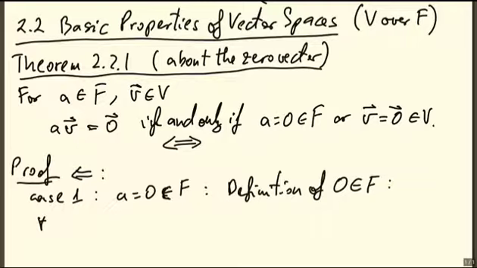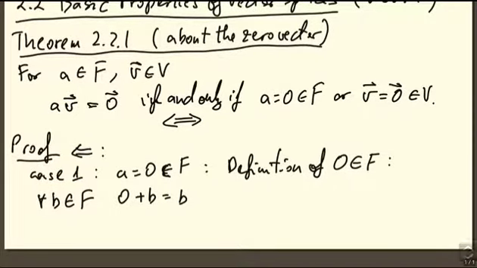So the definition of the zero scalar is actually that for all elements B of this field F, if you add 0 and B, it doesn't change B. But this is for scalars, and this is about addition. And actually we now want to talk about scalar multiplication of a scalar and a vector instead of addition of scalars. So this is the neat thing, that we go from one operation to a completely different operation with the zero.